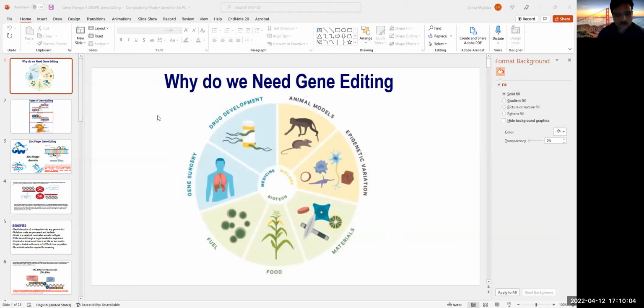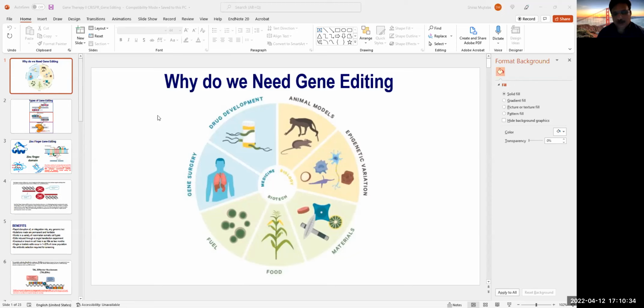So what's the solution for that? The solution was to change or edit the DNA, right? In the last class, we talked about various vector-based systems. In these vector-based systems, a gene is transfected or transduced into the diseased cells, or could be bone marrow.